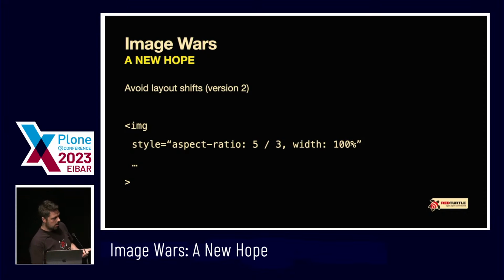Otherwise, if your CSS is slower to load, it will be slower for the browser to know the aspect ratio. I mean, it's not always the case, but that's why I like the first situation more. And also, the width here is still for responsive purposes. You don't need to do that, but you need to use the aspect ratio if you don't want to use the width and height.